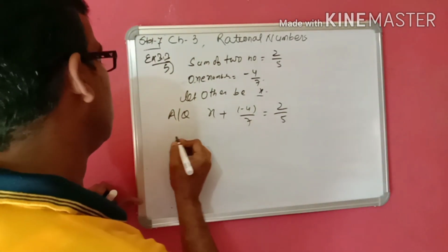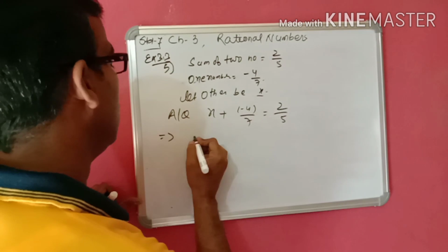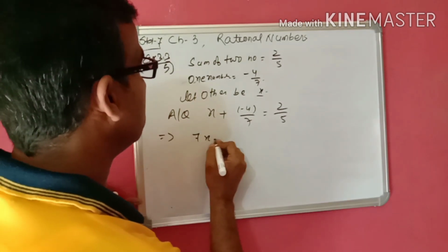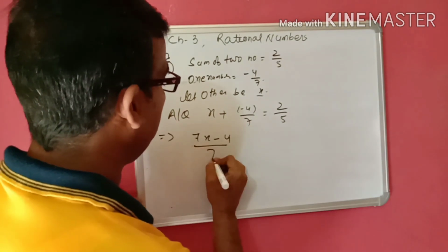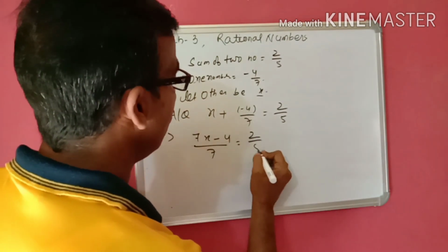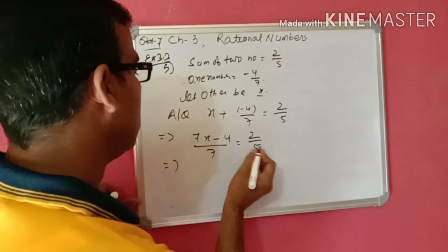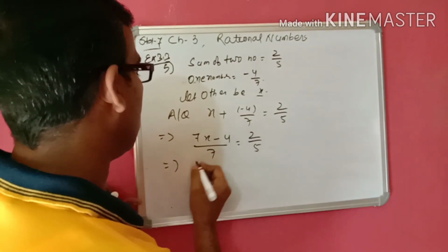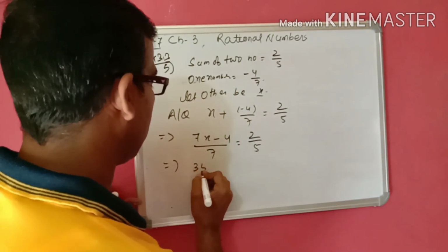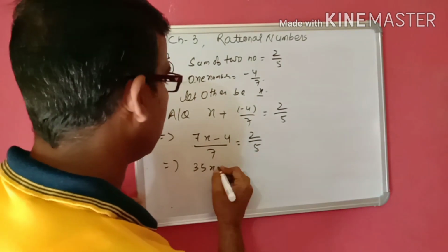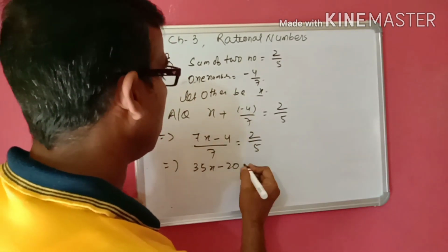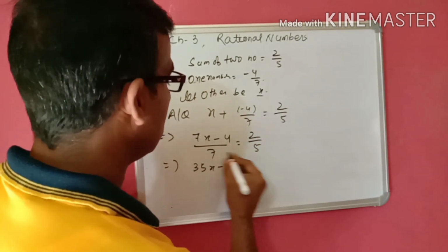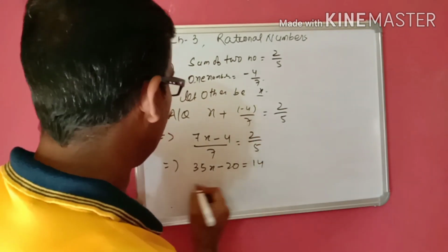Now this implies that I can write (7x minus 4) by 7 equal to 2 by 5. Do the cross multiply. So this will be 35x minus 20, and this will be 14.